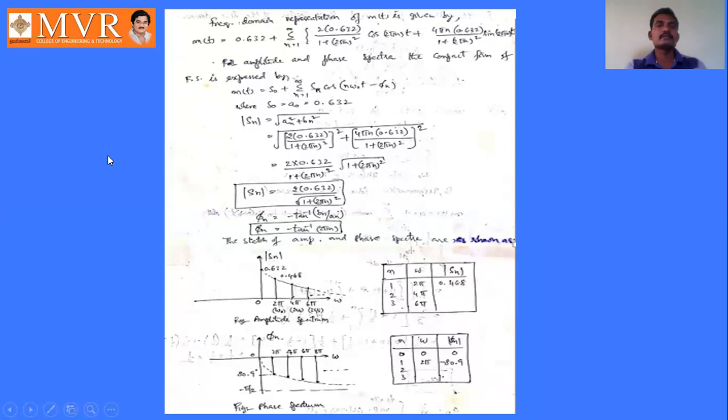Polar form is nothing but m of t equal to S naught plus sigma n equal to 1 to infinity Sn cos n omega naught t minus phi n, where Sn is the square root of an square plus bn square, and phi n is tan inverse of bn by an. So by substituting these values in these expressions, we will get the two plots, that is amplitude spectrum and phase spectrum, like this. So up to here we discussed in the earlier class.